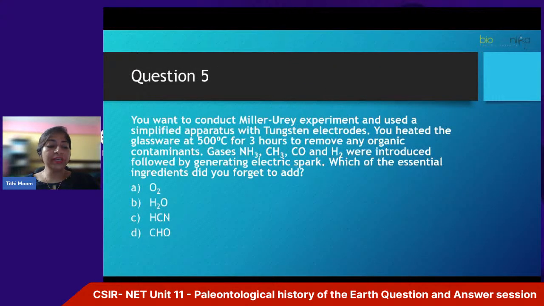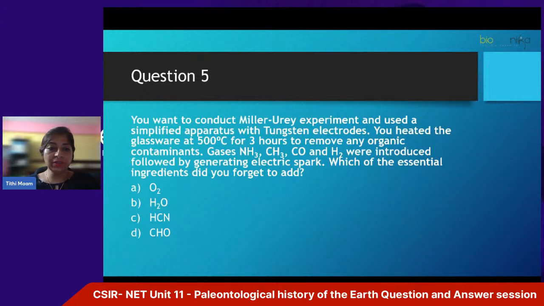Moving on to the next question, which is a rare question. This is a CSIR question only, but it is very rare because it is asked from part B, that is the origin of unicellular metabolism, or you can say the origin of life. Rarely does a question come from it, and this question came in part C. You want to conduct the Urey-Miller experiment and used a simplified apparatus with tungsten electrodes.